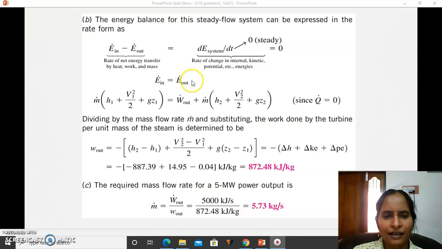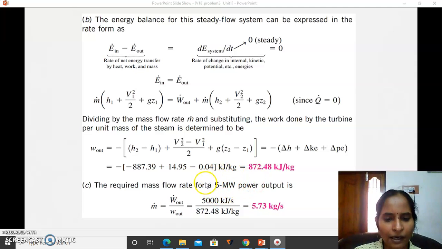And now again, next we are coming to our regular procedure. You state that energy is conserved over the control volume, and then write all the terms and substitute. Then you can get the work output from the turbine. And they are asking how much mass flow rate of steam has to be supplied to get the power output of 5 megawatt.